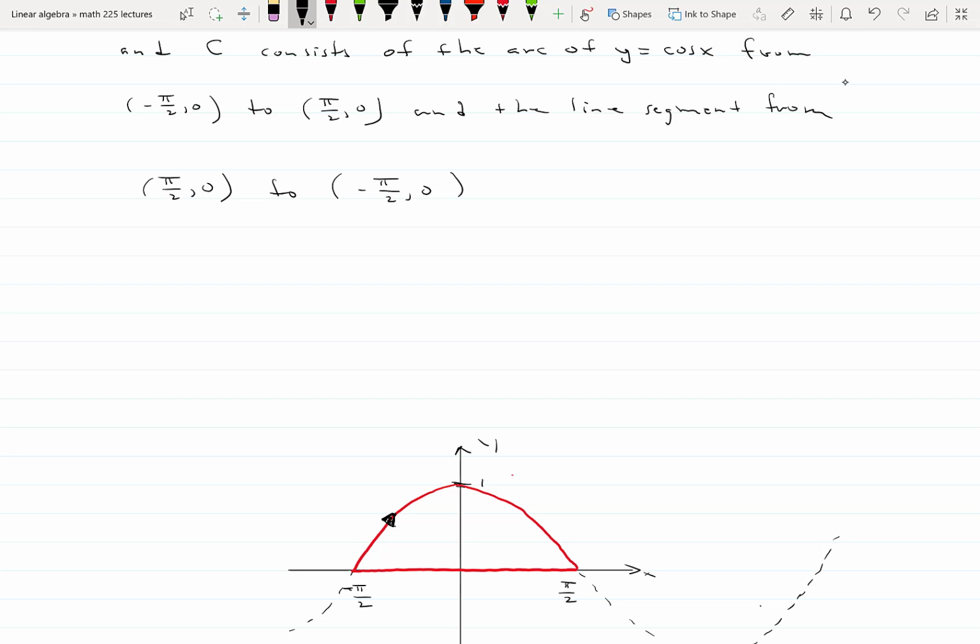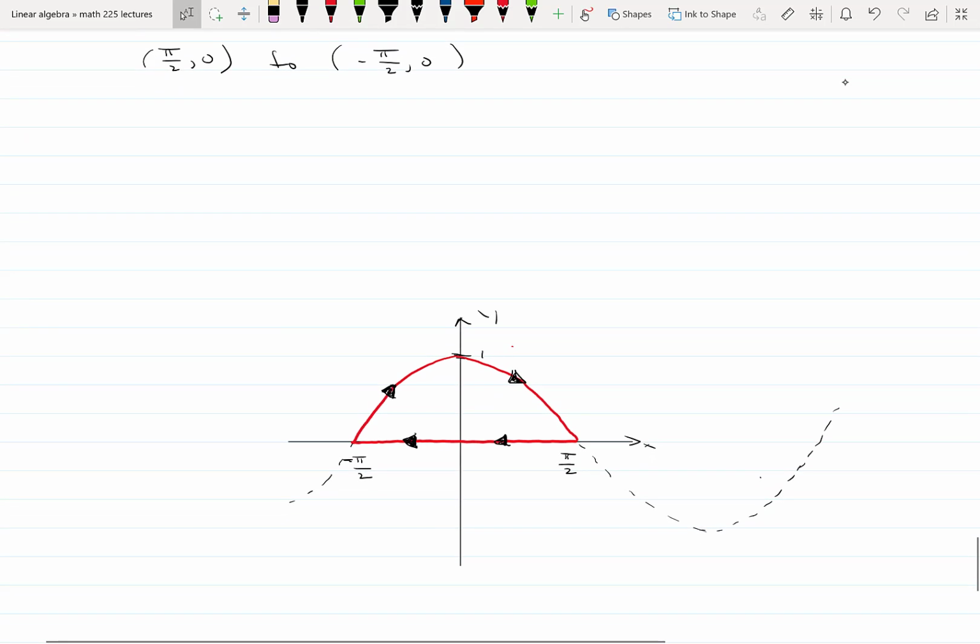We're going clockwise. And then the line segment from pi over 2, 0 on the right to negative pi over 2, 0 on the left. So this is a negatively oriented curve. Okay, so Green's theorem cannot be applied directly here.